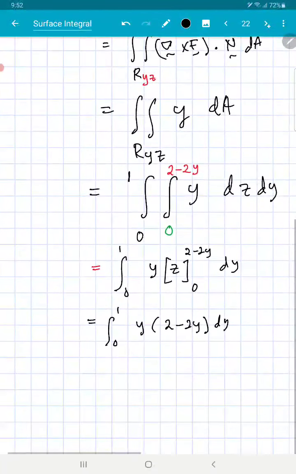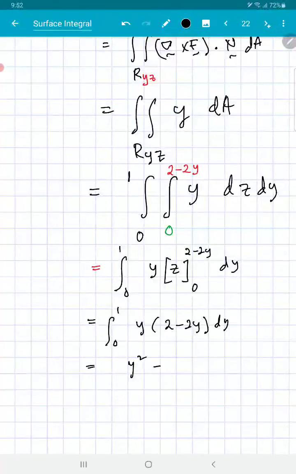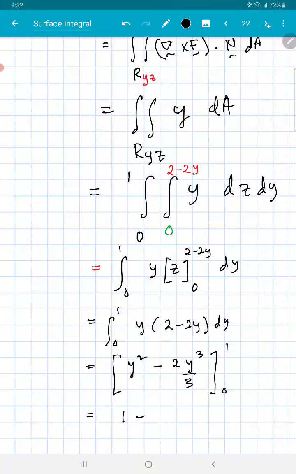So now we're going to integrate with respect to y. So the first term we have 2y. Integrate with respect to y, we get y squared. And here we have 2y squared. Integrate with respect to y, we get 2y cubed over 3. And then replace y with the upper and lower limits. So you have 1 minus 2/3, which is equal to 1/3.